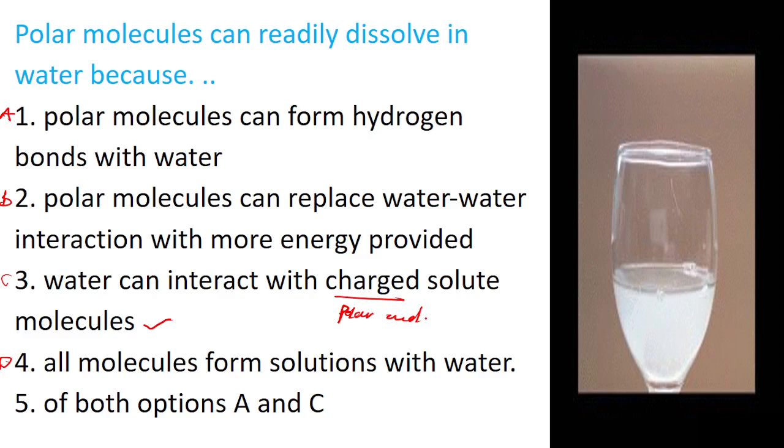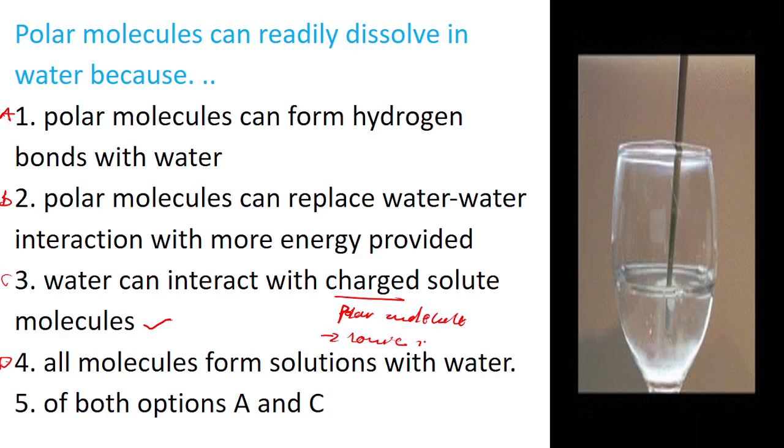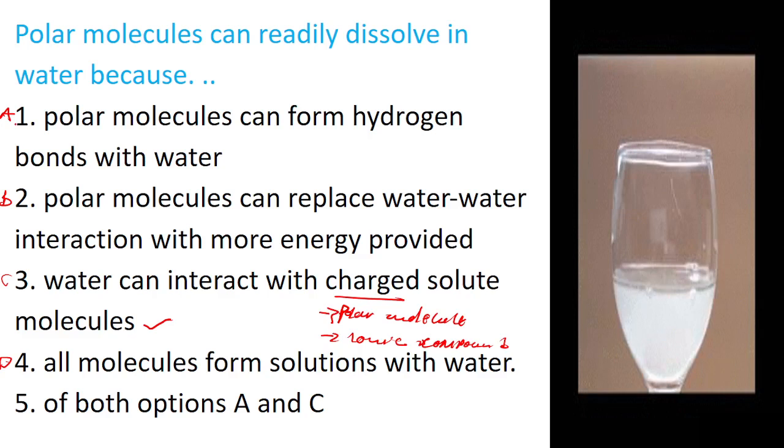Even ionic compounds, like I have already stated, they also dissolve in water. Both of them are charged. Now, there is also option A or 1, which is saying polar molecules can form hydrogen bonds with the water, which is also correct.